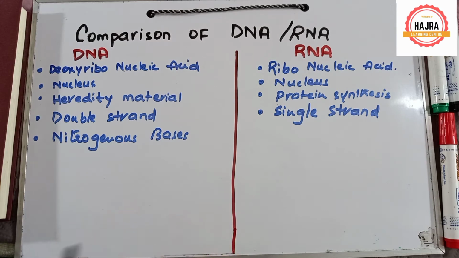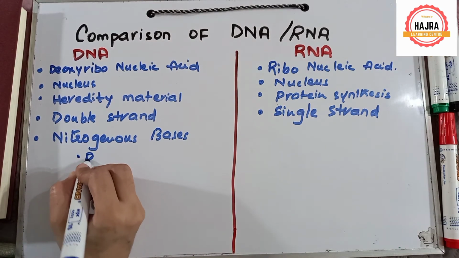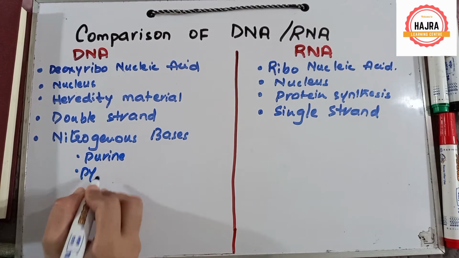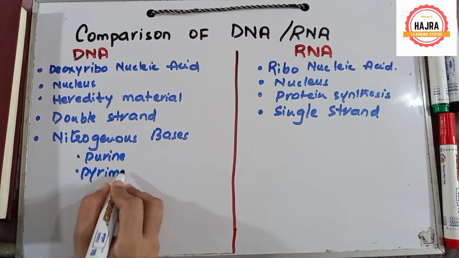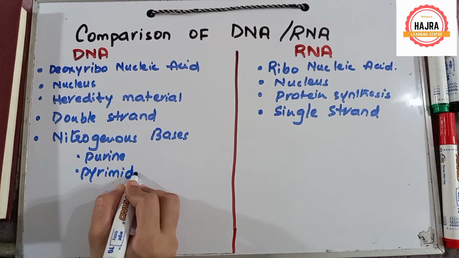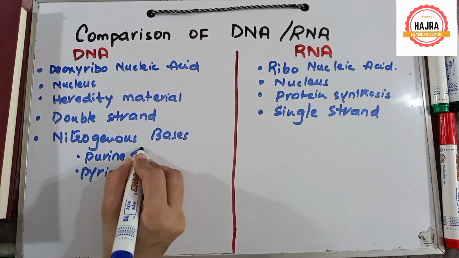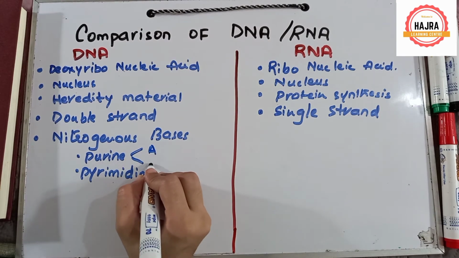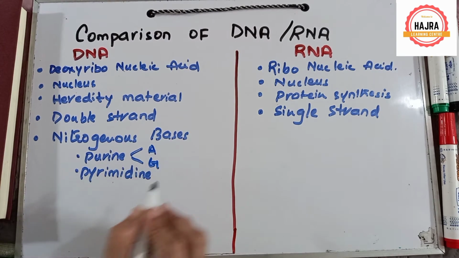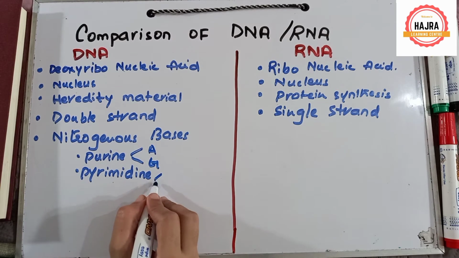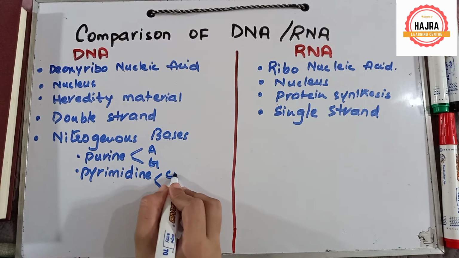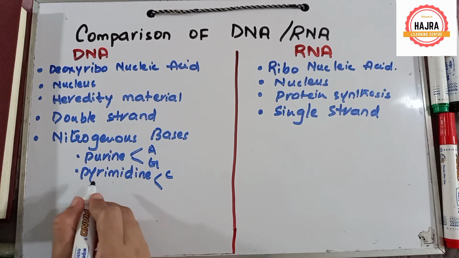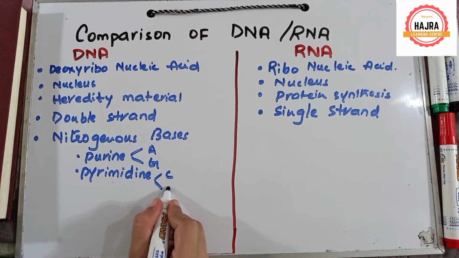There are two types of nitrogenous bases: number one is purine and number two is pyrimidine. Purines are adenine and guanine, and pyrimidines are cytosine and thymine.